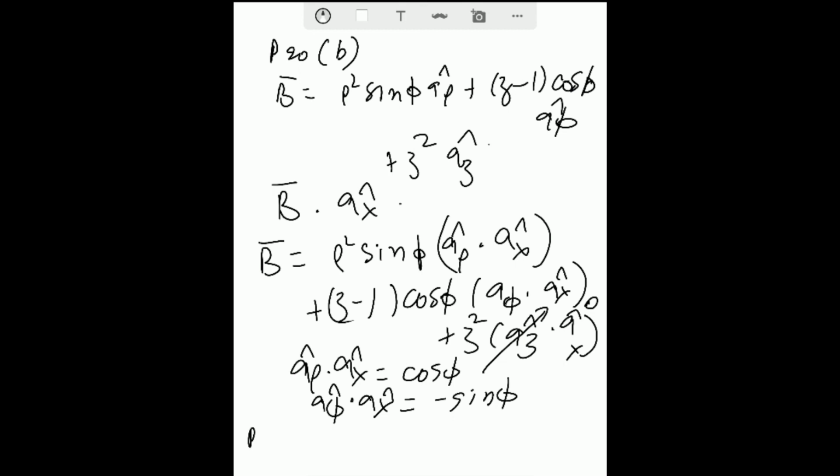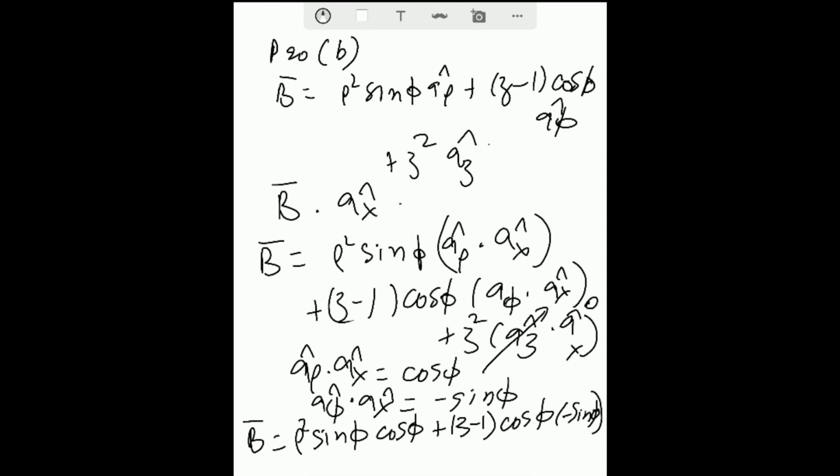So now I can replace: B equal to rho square sine phi cosine phi, plus z minus 1 cosine phi, and minus sine phi, minus sine phi. And this is my B dot ax.